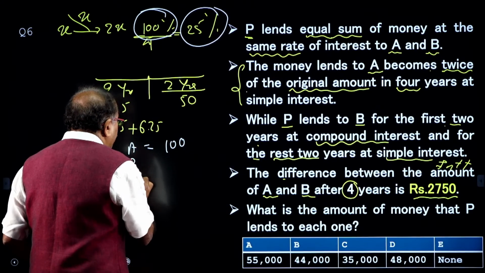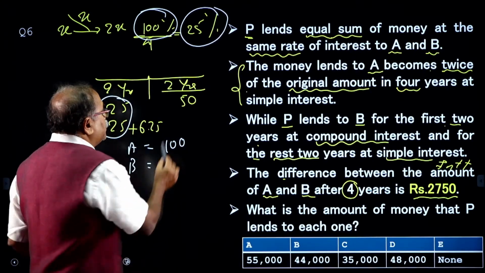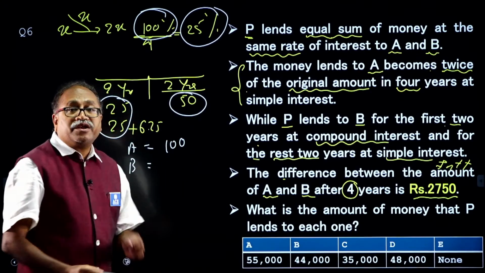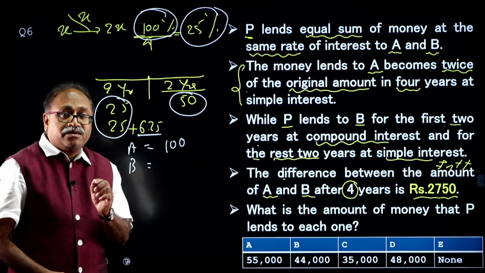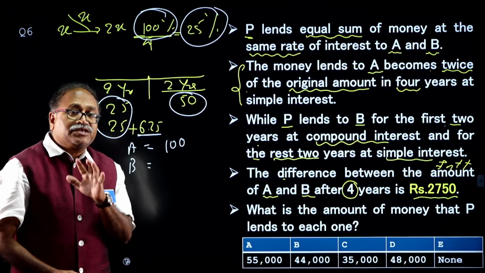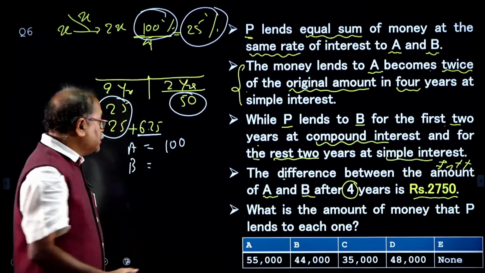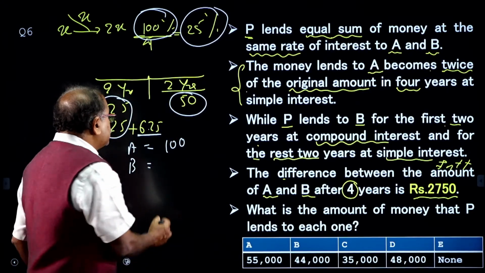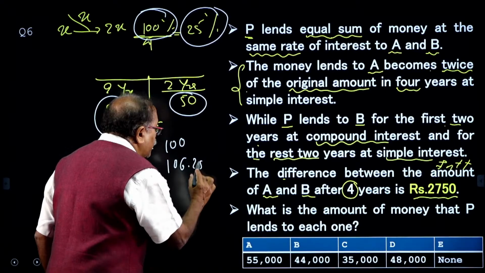So, coming to B's interest, this 25 plus 25, 50% plus 50%, 100% plus another extra interest on interest for 2 years, because for the first 2 years it was invested in compound interest. So, that is another 6.25%. So, that means 100 plus 6.25, 106.25%.